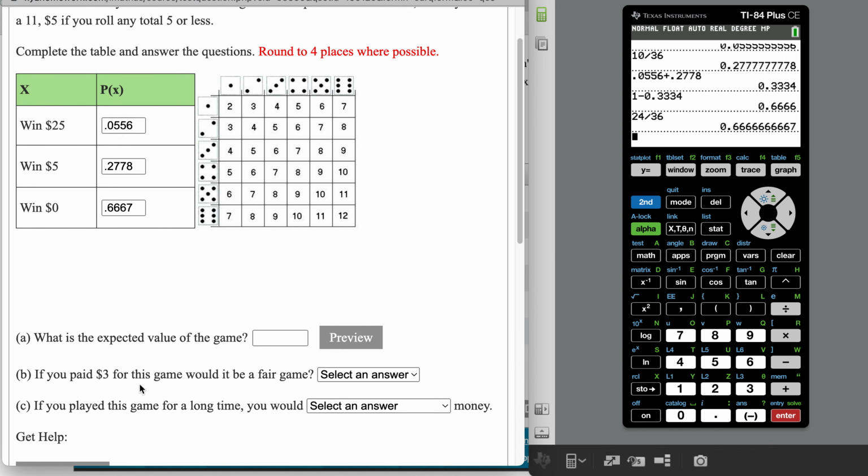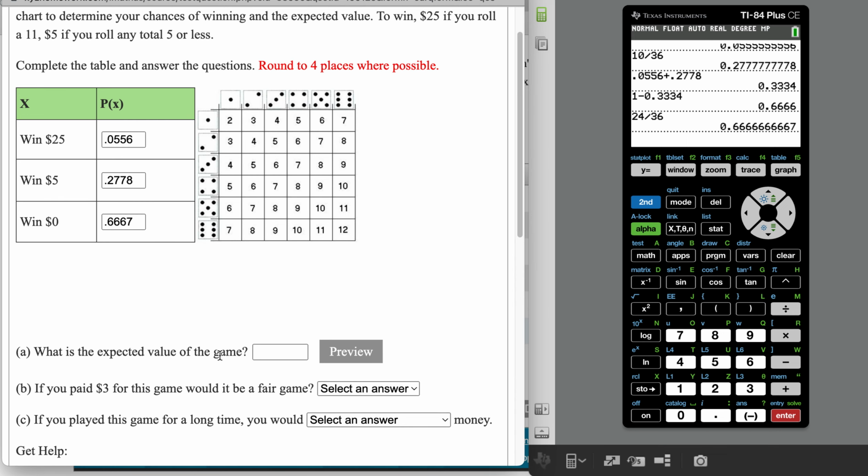Okay, now, what is the expected value of the game? The expected value of the game is when you take 25 and you multiply it by the probability. Then you take 5, you multiply it by the corresponding probability. Then you take 0 and you multiply it by the corresponding probability, and then you add them all up.